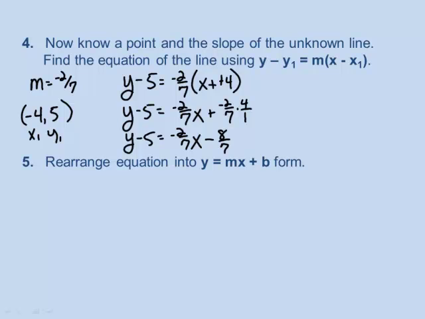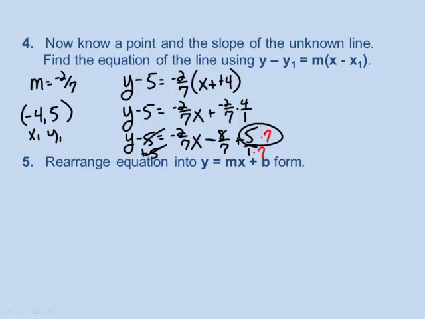Final step, rearrange that equation then into slope-intercept form. So we're going to solve it for y, and so we're going to add 5 to both sides to isolate our y. I'm going to make that 5 into a fraction so I can get a common denominator. Multiply top and bottom by 7. Notice then here, 5 times 7, of course, is 35.